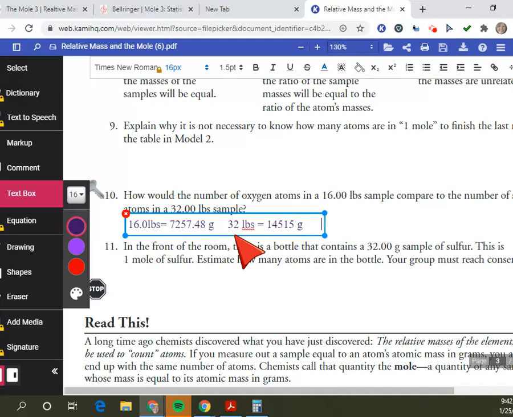So after converting that, even if I look at those, they still make a 1-to-2 ratio.